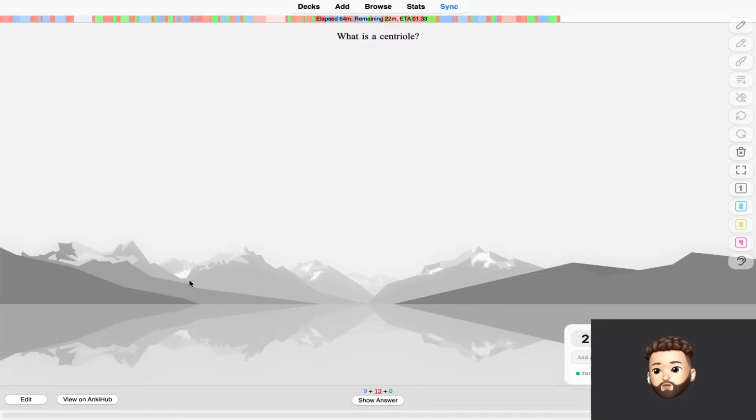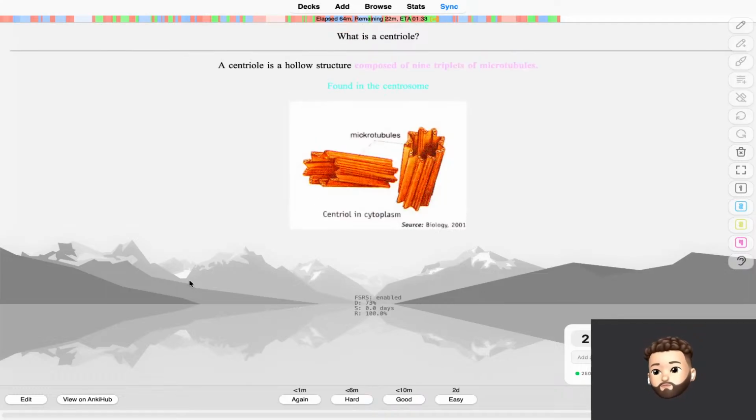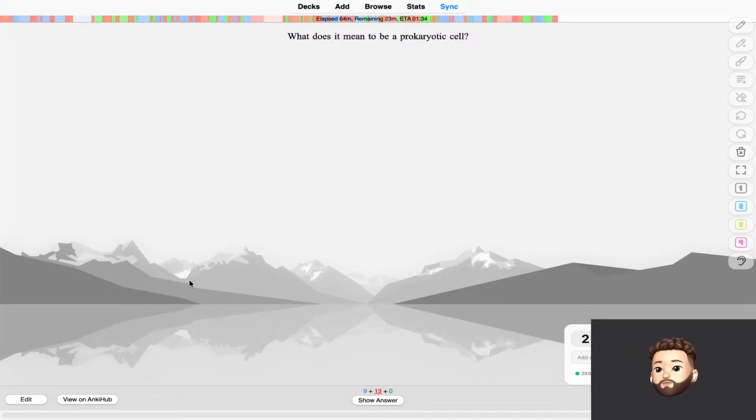What is a centriole? It is a structure composed of nine triplets of microtubules. It has no nucleus. What does it mean to be a male bacterium? To have a sex pilus or an F plasmid.